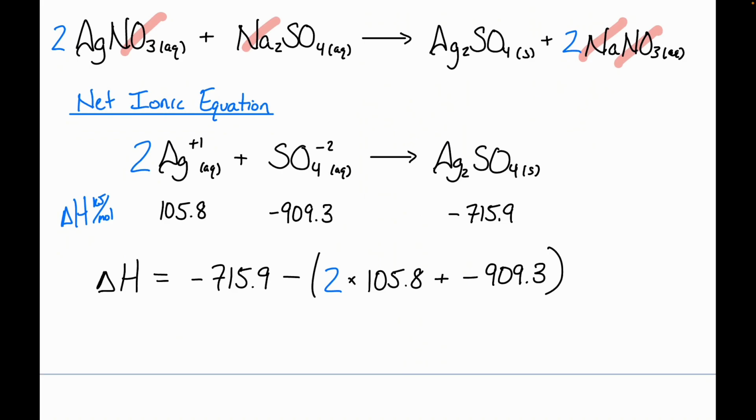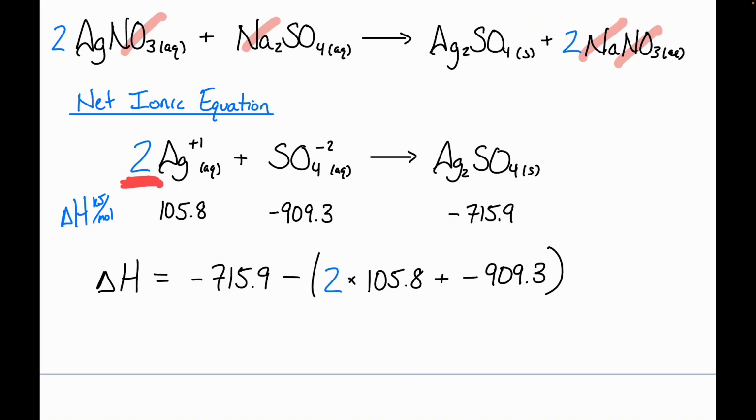Again, I'm going to do my product, that negative 715.9, minus my reactants. I'm going to put my reactants in parentheses. My delta H of that silver ion was that 105.8. So when I'm doing my calculation here, I have 2 times that 105.8. Why did I multiply that 105.8 times 2?